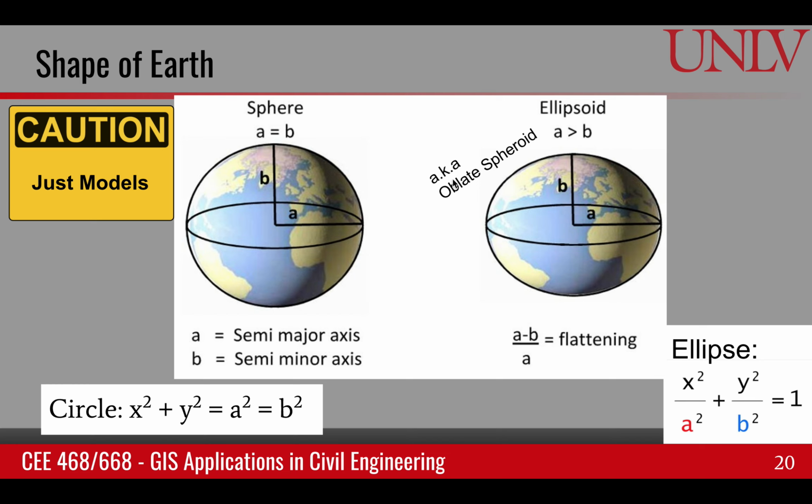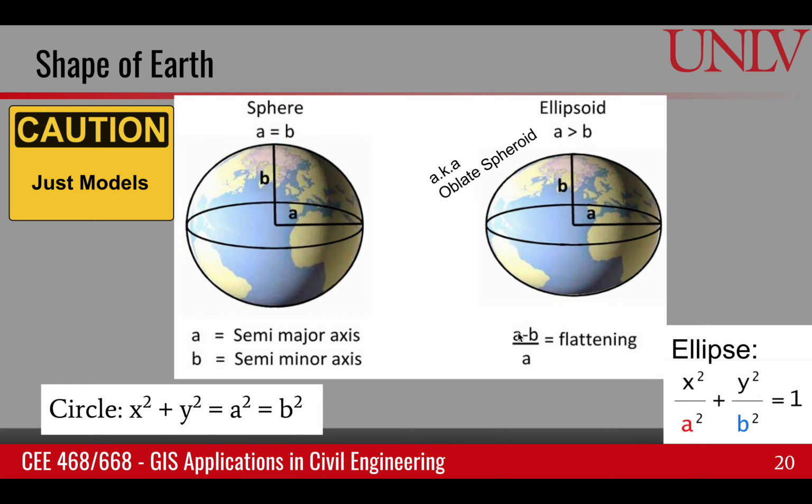From the point of view of the flattening, it's a pretty small number. It's usually expressed as 1 over something. And the flattening of a sphere will be 0, as A is equal to B.